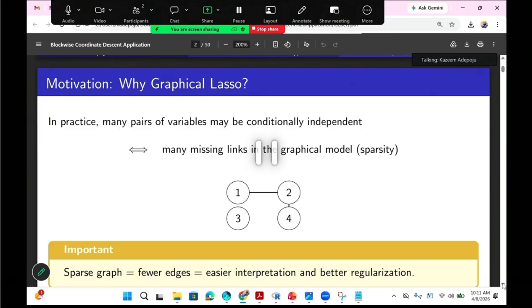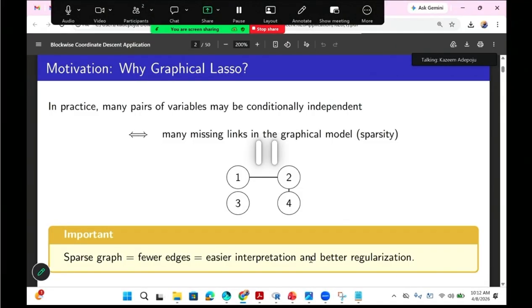You are using a graphical structure in the first place because we believe variables are related by a network. And of course, the lasso comes in. The lasso will do the job of sparsity. It's going to shrink any weaker relationship to zero, because lasso comes with a penalty.